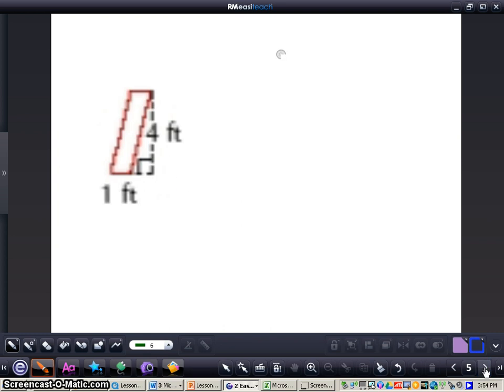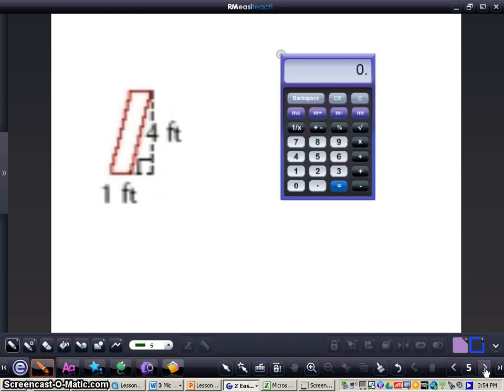Now what I want you to do is get out your math journal, pencil, and calculator. Some of these we won't need a calculator, but we'll still get it out just in case we need it, and I'll have you do these problems with me. So the first step in finding area of a parallelogram, I want to write down the formula.